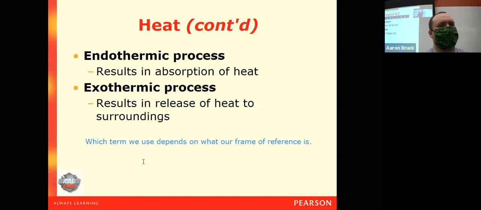So take, for example, an ice cube. As an ice cube melts, heat is going into the ice cube to help turn those solid molecules and get them to separate from each other enough to form a liquid. That's an endothermic process. But what's interesting about that process is that there is an exothermic process going on simultaneously, in that the air surrounding that ice cube is getting colder because the ice cube is taking the heat from the air.